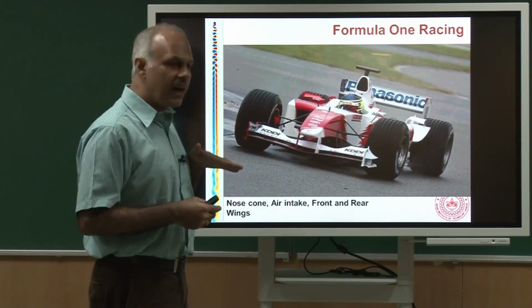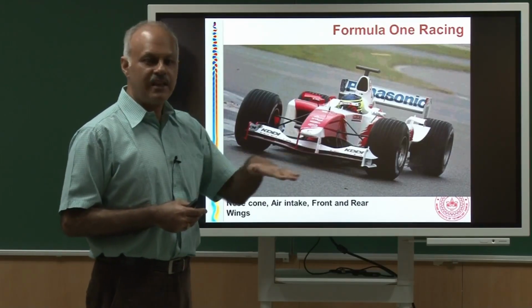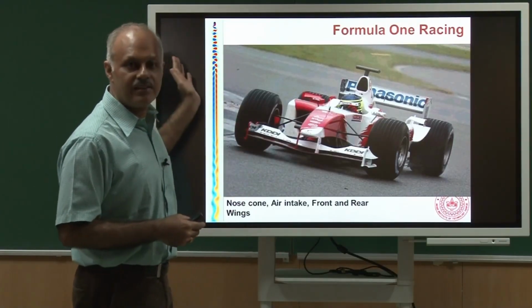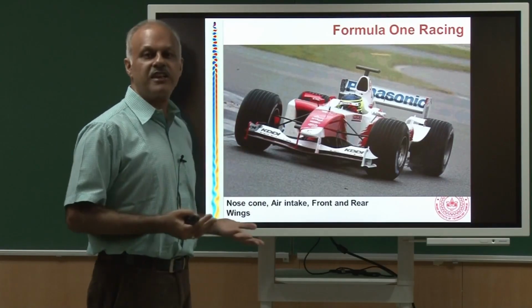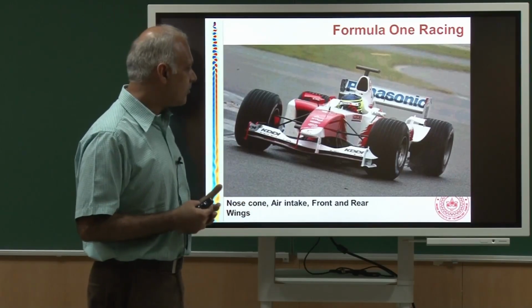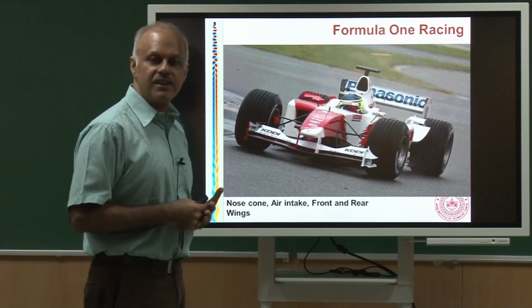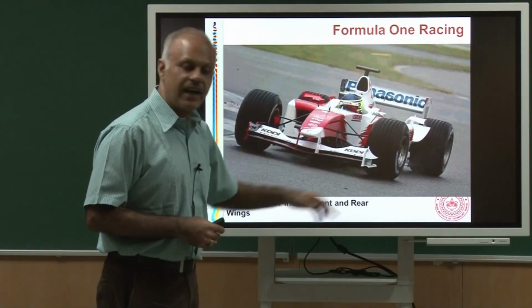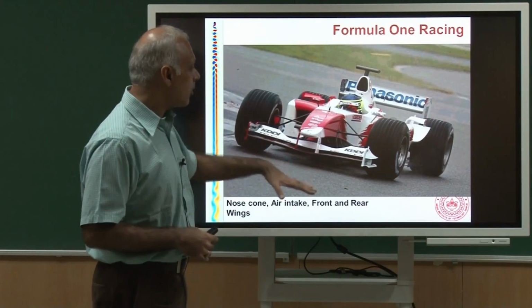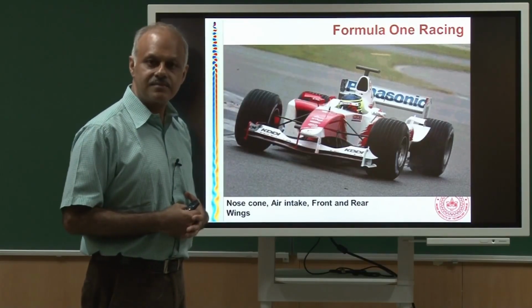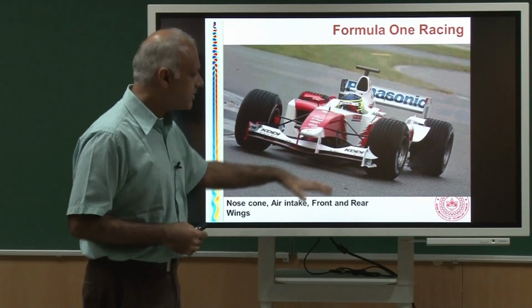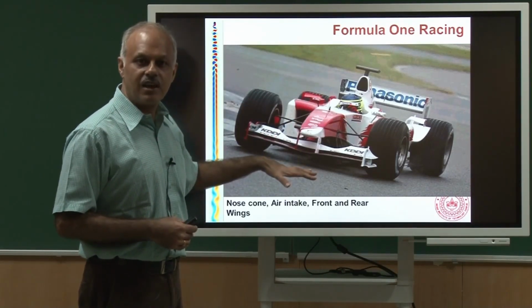These cars are going at extremely high speed, and when they take a turn, they can actually fly away. So you want to increase the friction, and as you know, the force of friction is proportional to the coefficient of friction between the tire and the road, and also the normal reaction on the car. The normal reaction is proportional to the force that the car exerts on the ground.